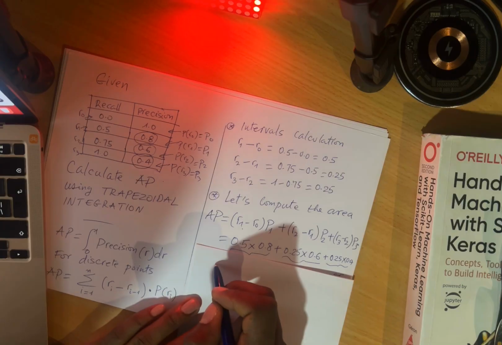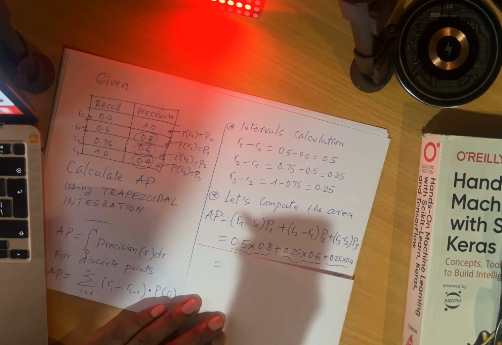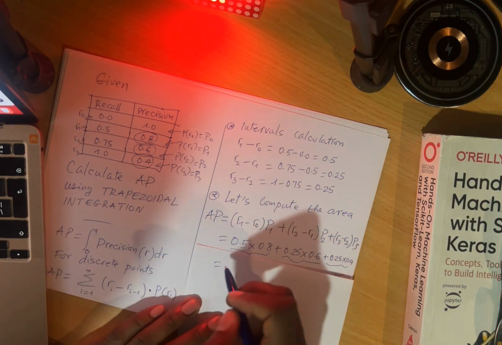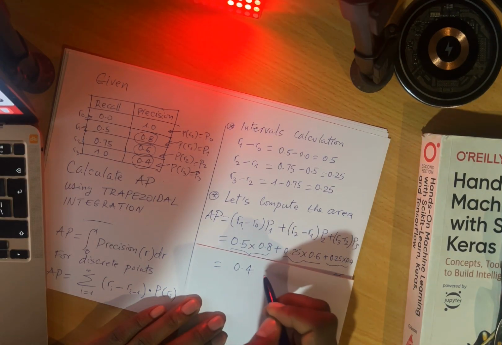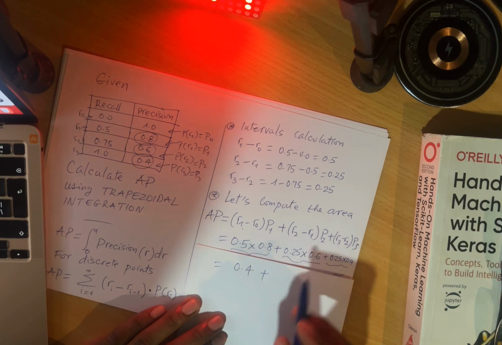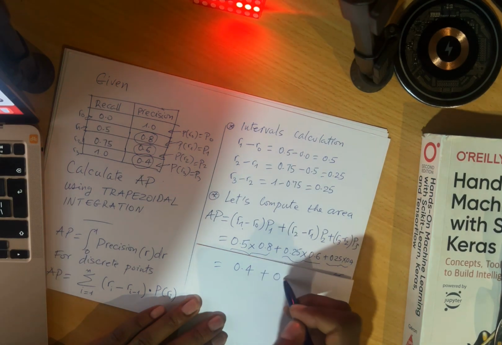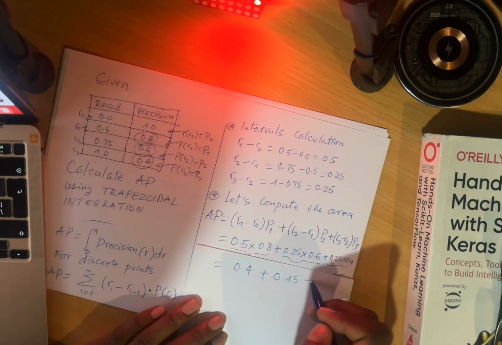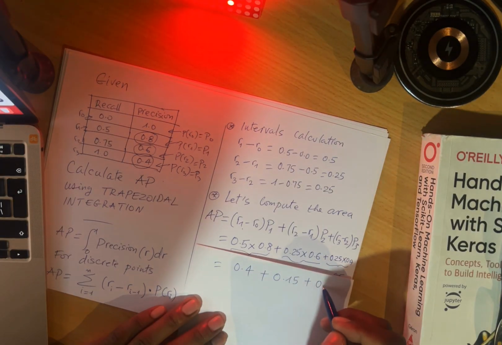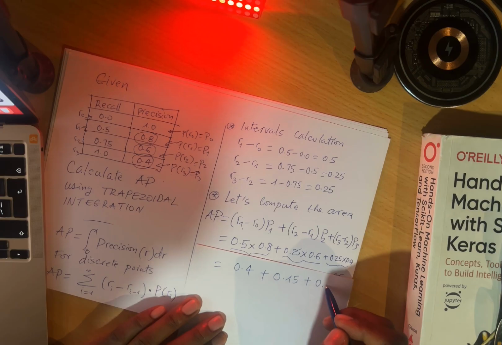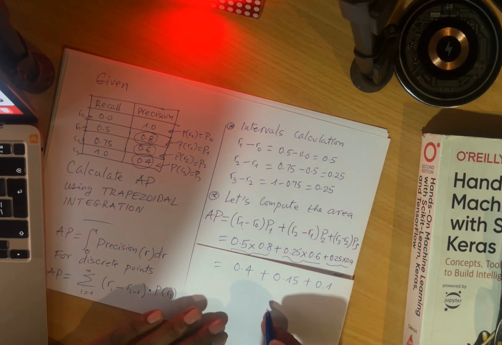This is going to be 0.4 plus 0.15 plus 0.1.